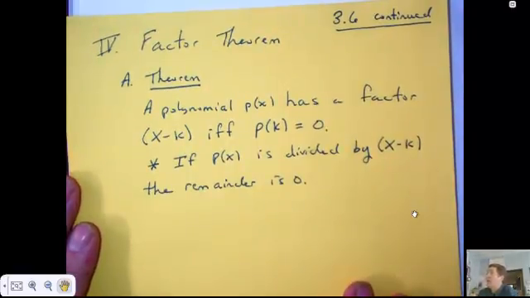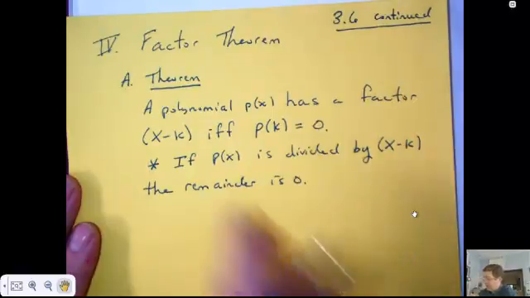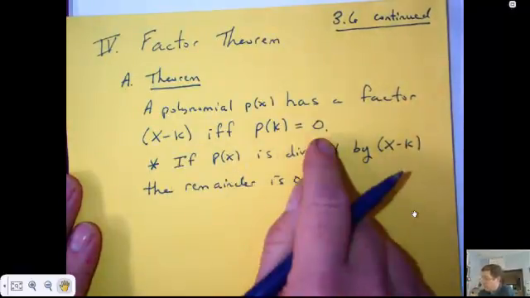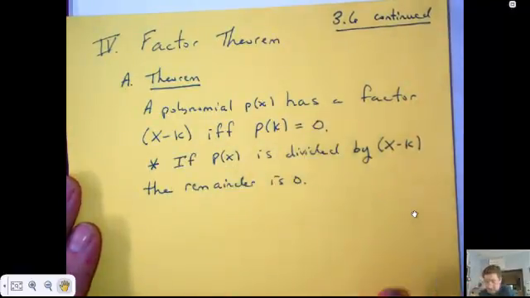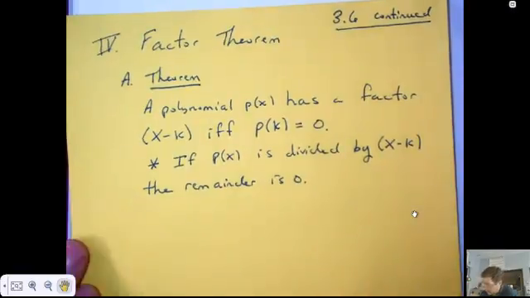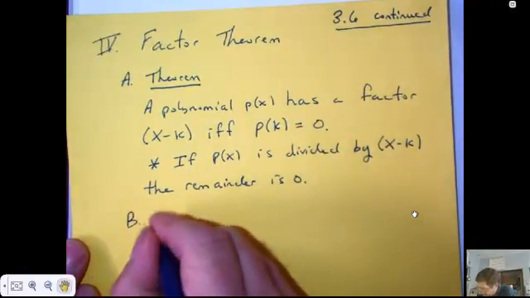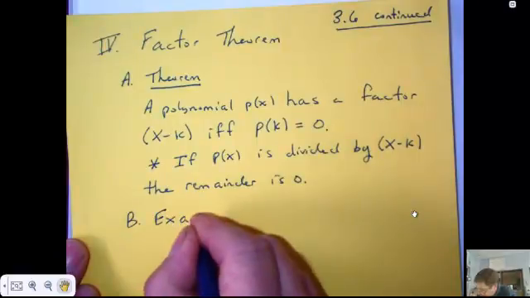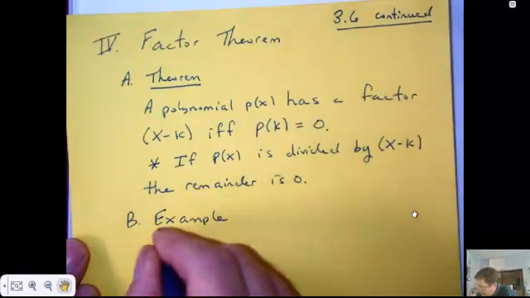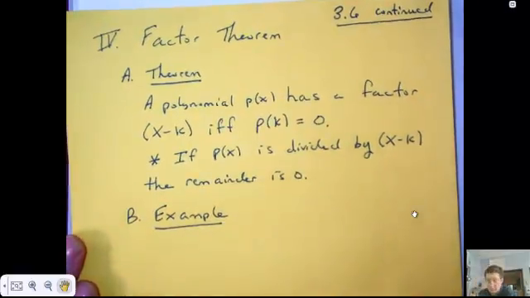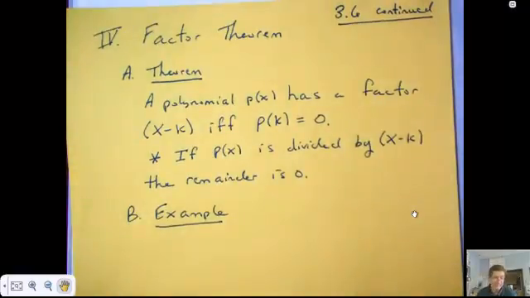So it says, obviously, that if we have a k value that makes the function equal to 0, then that factor x minus k will divide into that evenly. So an example of what you may see. Again, this section is just a lot of these theorems about polynomials that help us do things in the end, like solve them and write them as factors.